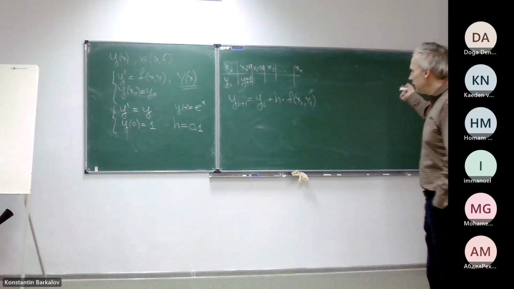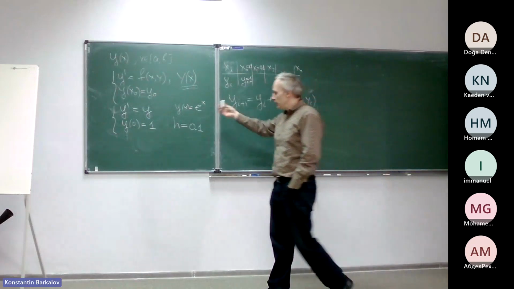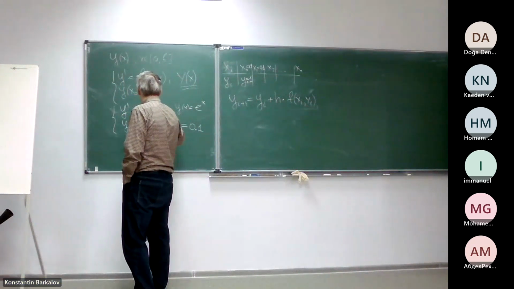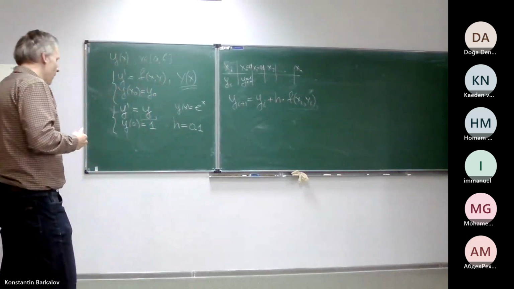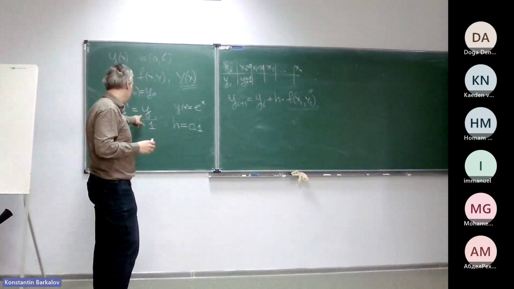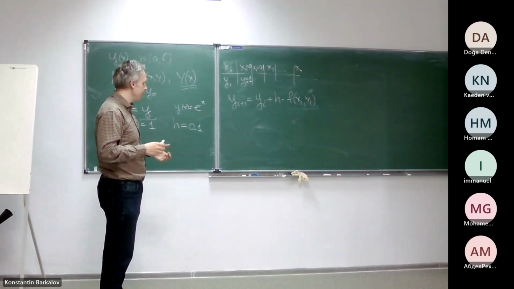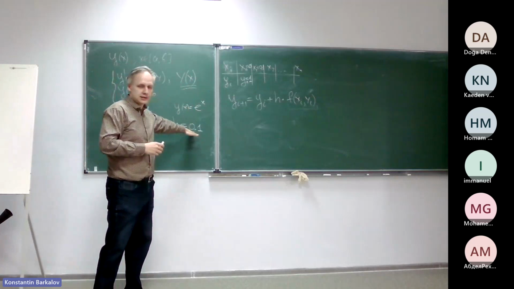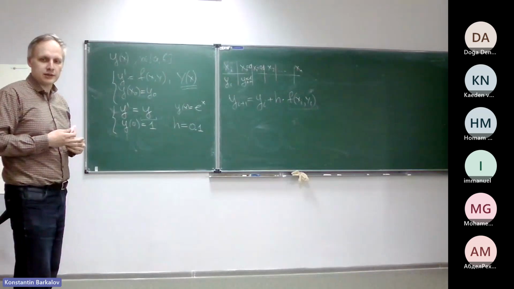What is f of x_i, y_i in our example? It's the right-hand side of the equation, this y. f of x_i, y_i in our particular case equals y. What is h? The value of h is 0.1.